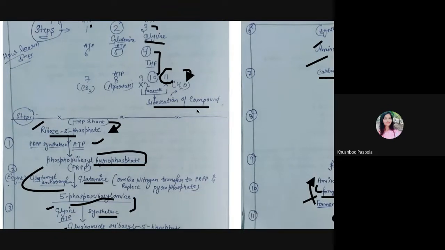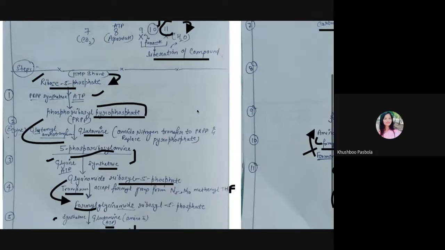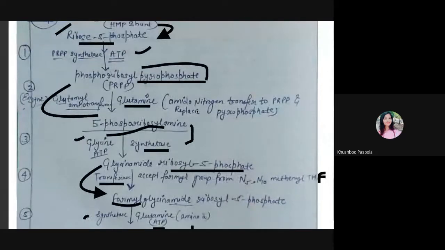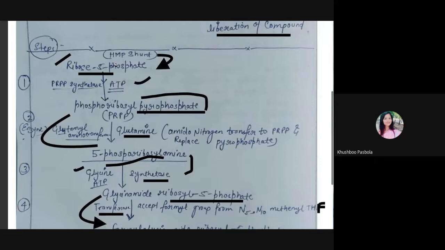This is the way you can learn the whole pathway of IMP synthesis. Okay, so again I'm telling you how this IMP will form. Starting from where? Ribose 5 phosphate. As you know, we have ribose 5 phosphate from the pentose phosphate pathway, the HMP shunt pathway.